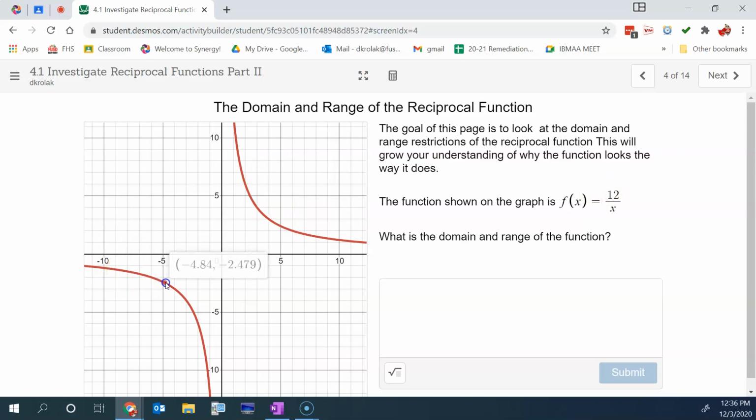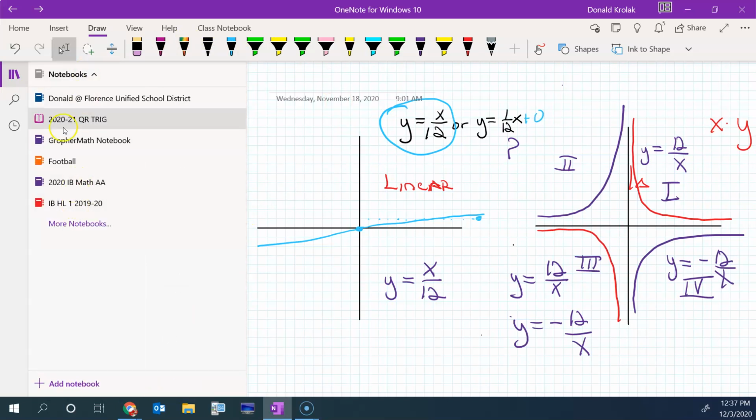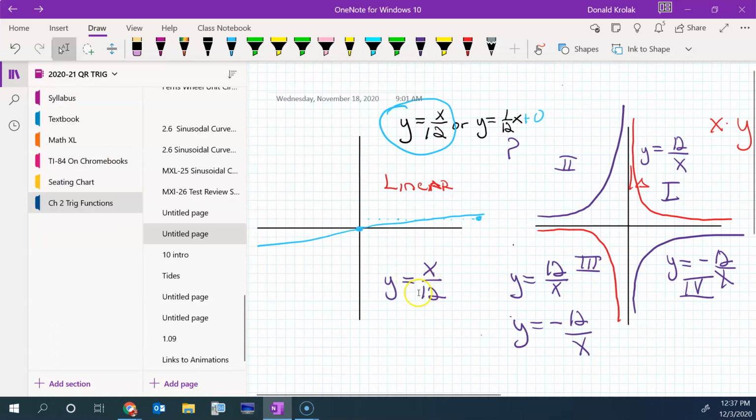It doesn't matter where. So I showed you a shortcut for graphing them. Your first assignment in this is graphing these. We did a couple yesterday, so let me just show you that real quick.